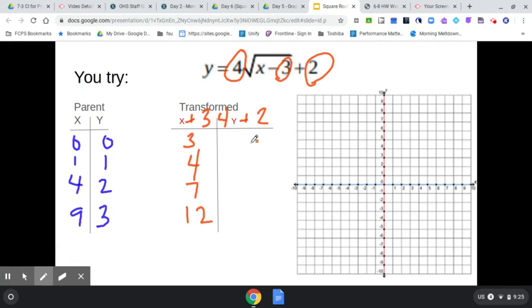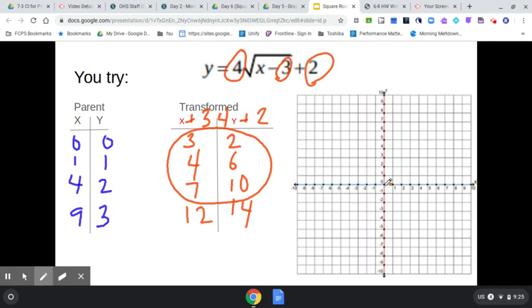So the first one, 4 times 0 is 0, plus 2 gives me 2. 4 times 1 is 4, plus 2 gives me 6. 4 times 2 is 8, plus 2, that gives me 10. And 4 times 3 is 12, plus 2 is 14. Looking at these points, again, my last point is just a hair too big to fit on the graph. So if we just plot those first 3 points.